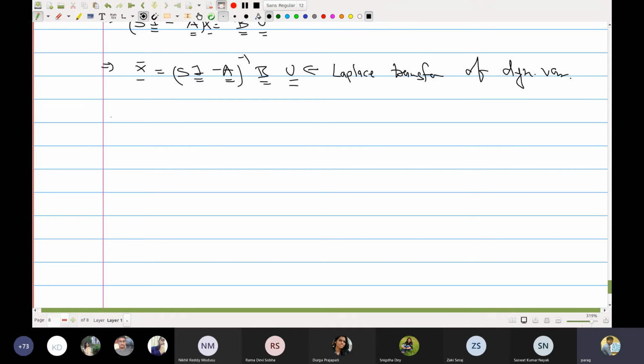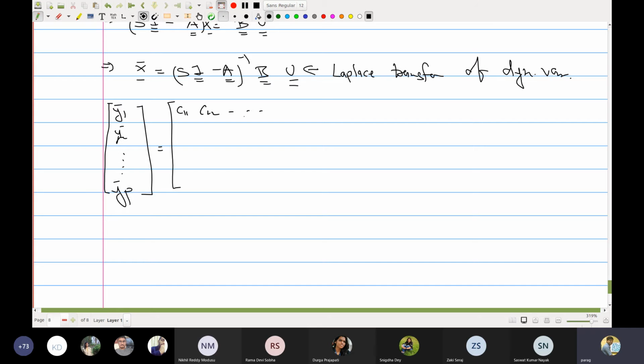Similarly, we will write y1 bar, y2 bar up to yp bar. What was that equal to?